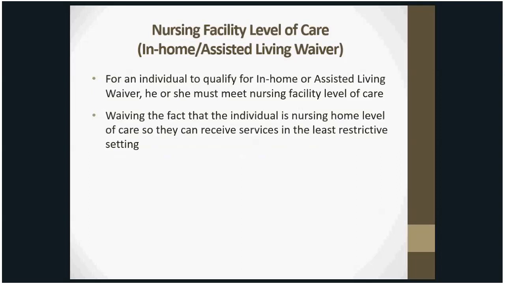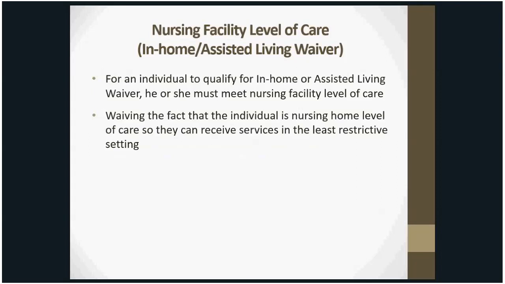As mentioned earlier, for anyone to qualify for in-home or assisted living waiver, they must meet that nursing facility level of care classification. This may be a little confusing when someone is having in-home waiver services or is in an assisted living and having waiver services, because we're calling it nursing facility level of care.